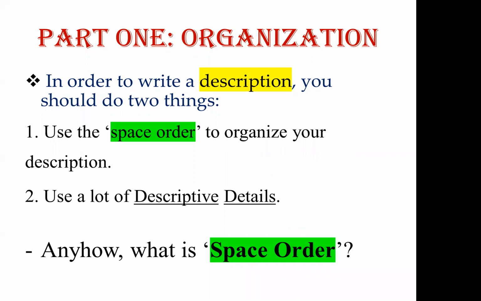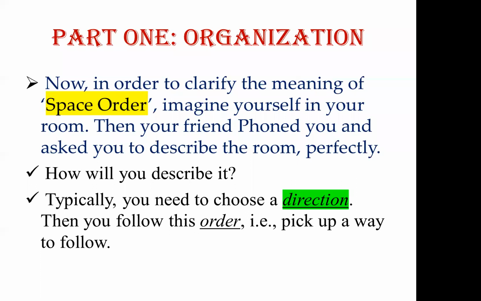Anyhow, what is a space order? Okay. In order to clarify the meaning of space order, imagine yourself in your room. Okay. Then your friend phoned you and asked you to describe the room perfectly with all of its details. If you want to describe your room, you have to choose a direction or a way to follow.